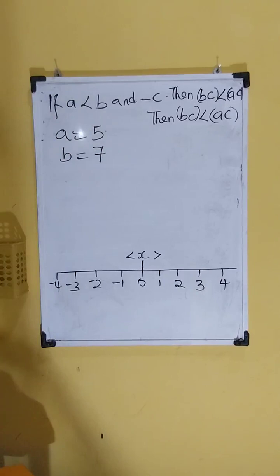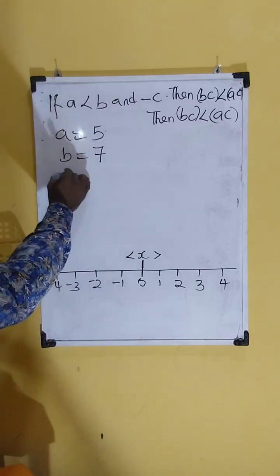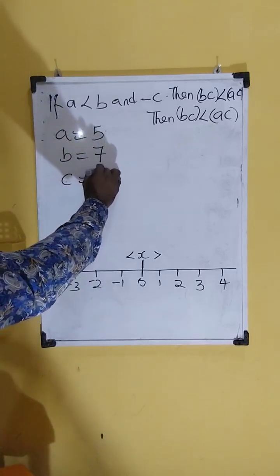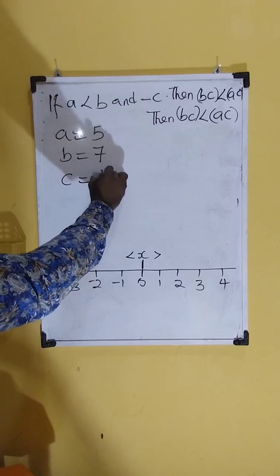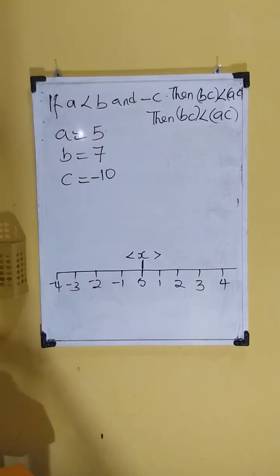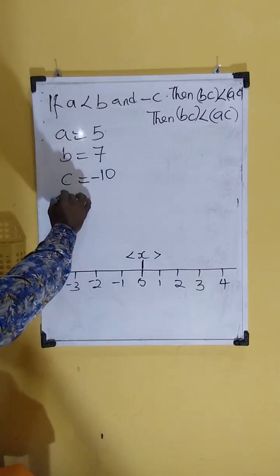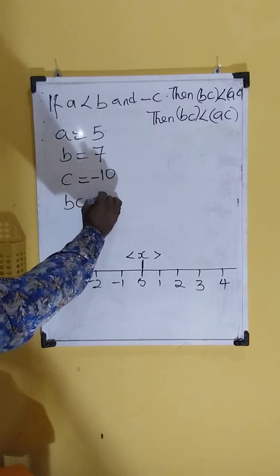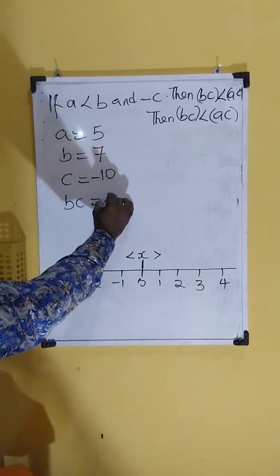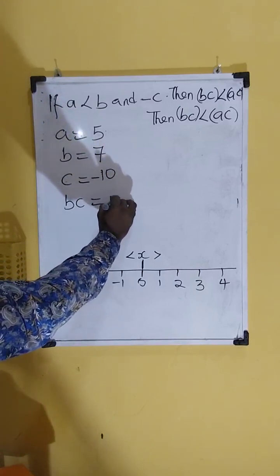And they said C is a negative number, so let's say minus 10. Then BC is B times C.